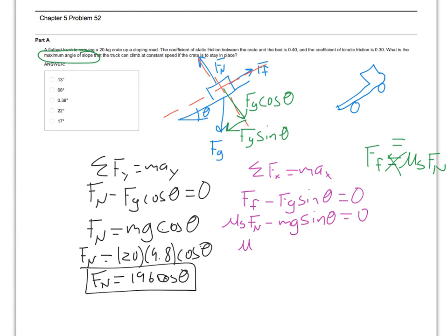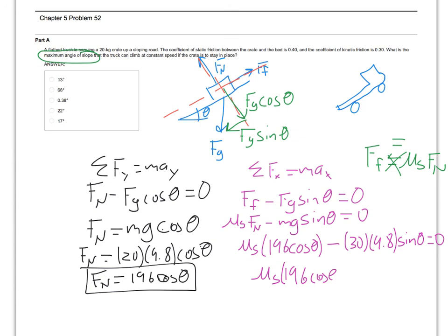So we plug in for the normal force I just got, 196 cosine of theta, minus 20 times 9.8, my mass times g, times sine of theta equals 0. When I multiply that out and move it to the other side, I get mu s times 196 cosine of theta equals 196 sine of theta.